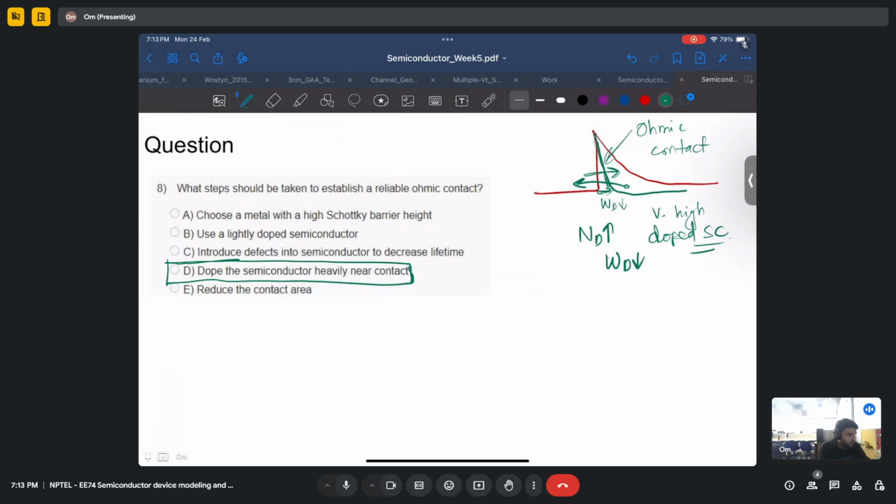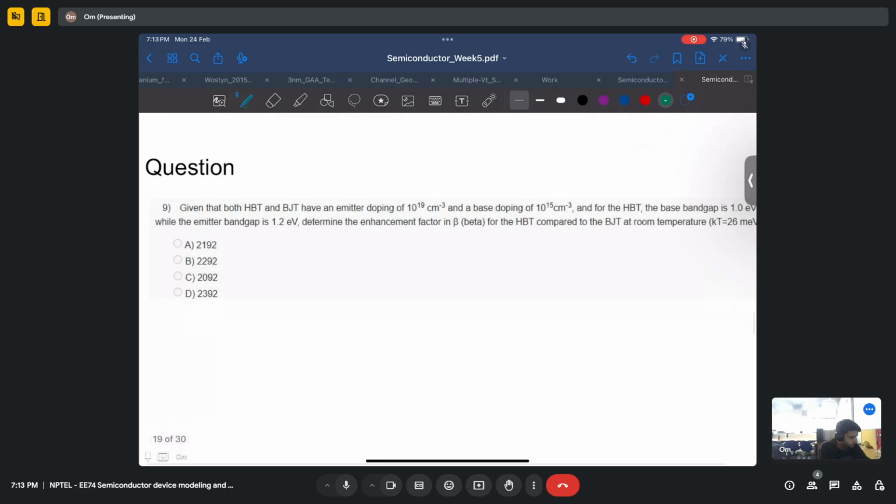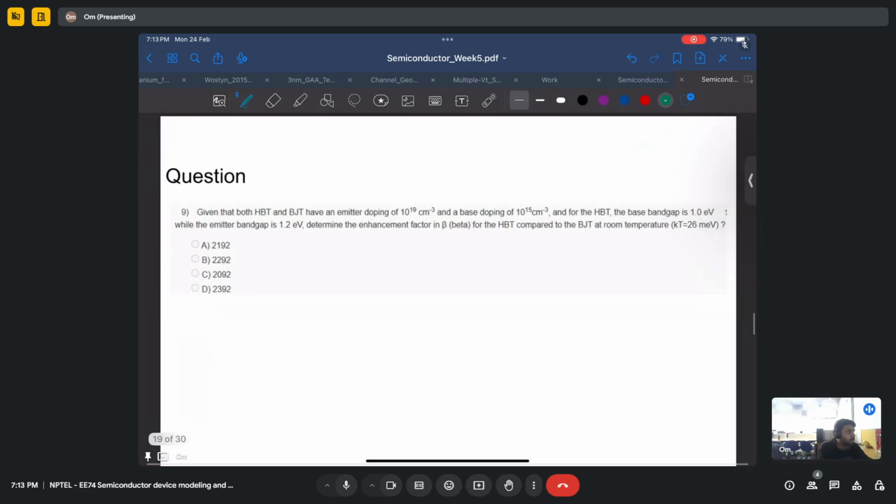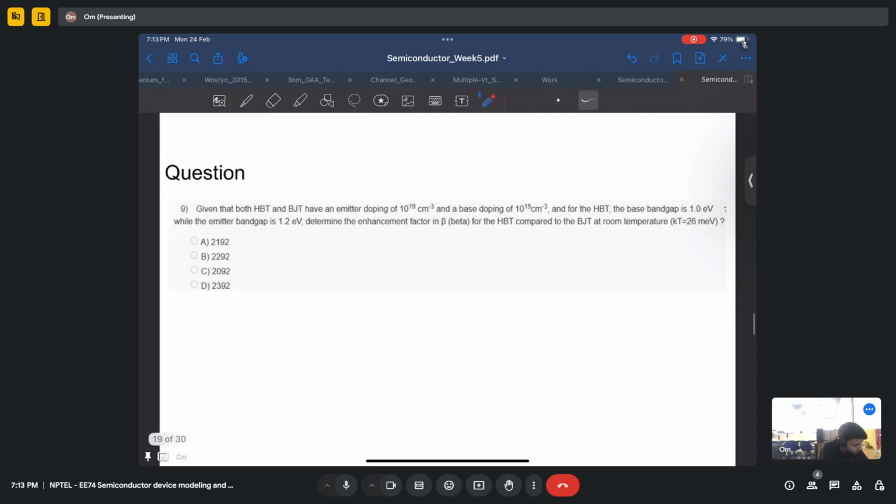Okay, so the next question. Given that both HBT and BJT have an emitter doping of 10 to the power 19 and base doping of 10 to the power 15, and the base band gap is 1 electron volt for the HBT, and the emitter band gap is 1.2 electron volt, determine the enhancement factor in beta for HBT compared to BJT at room temperature.